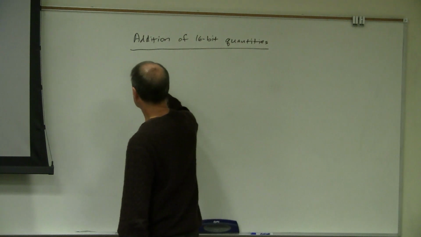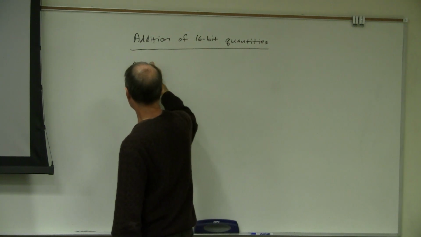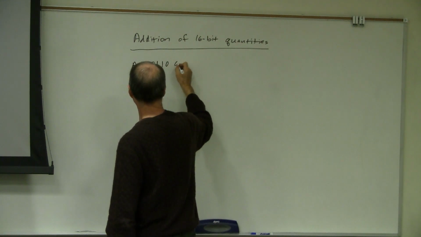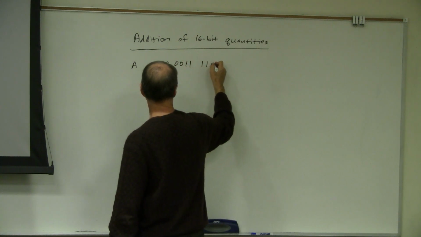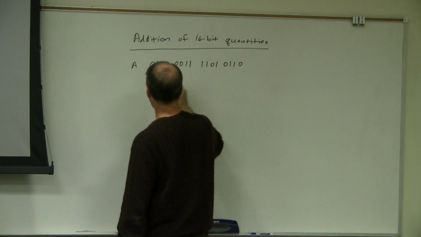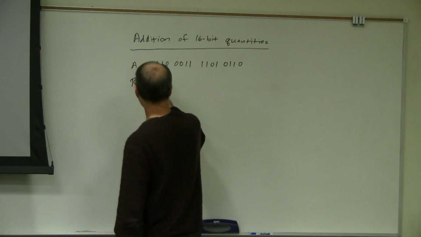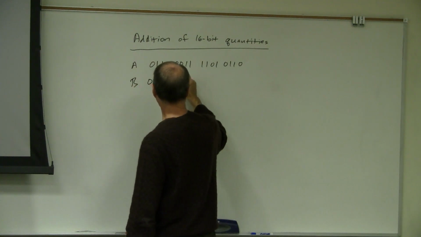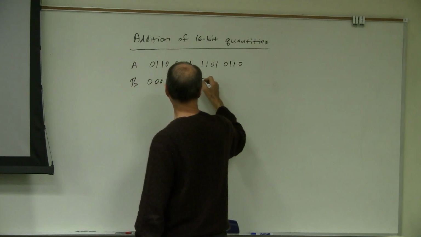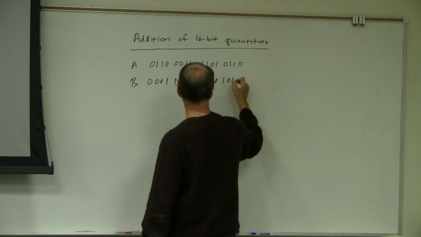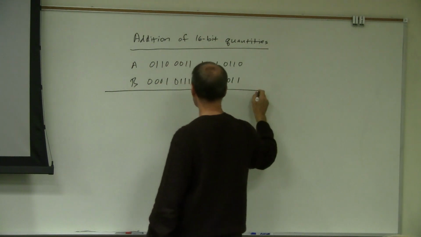Suppose we wanted to do this. Suppose A is 0, 1, 1, 0, 0, 0, 1, 1, 1, 1, 0, 1, 0, 1, 1, 0. And B is 0, 0, 0, 1, 0, 1, 1, 1, 0, 0, 0, 0, 1, 0, 1, 1. I'm just making these up.